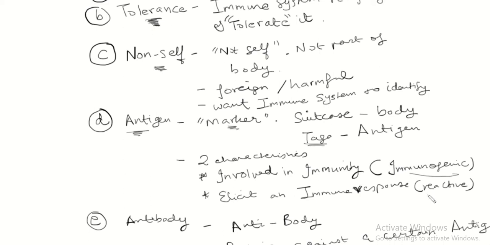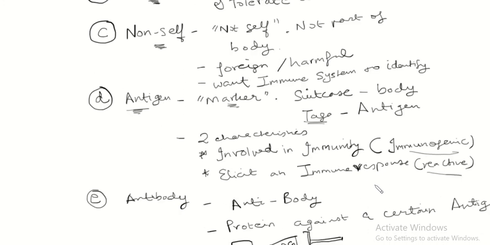And the second is it needs to be reactive. So it needs to elicit some kind of immune response, whether it be, yes, I'm going to kill this, or no, I recognize this is my own body.